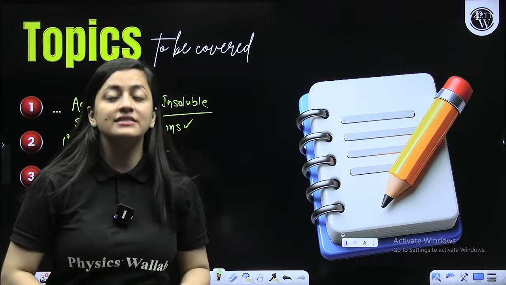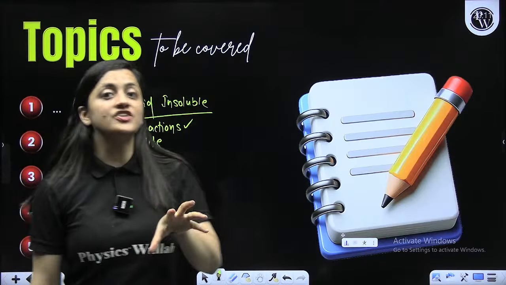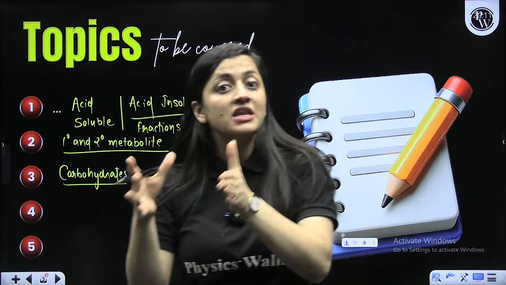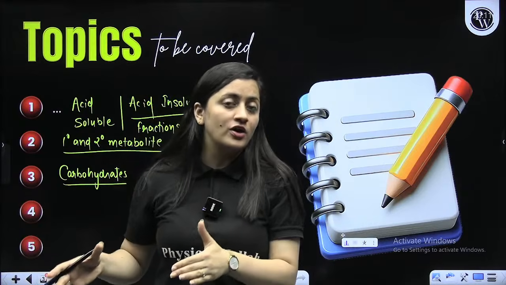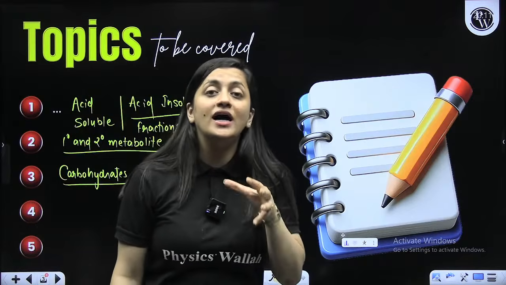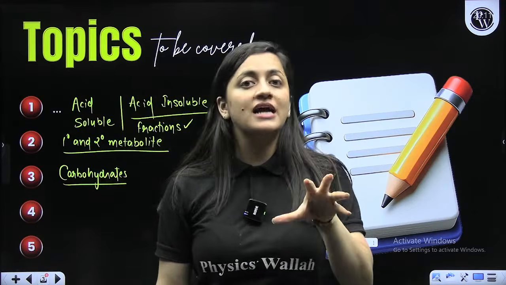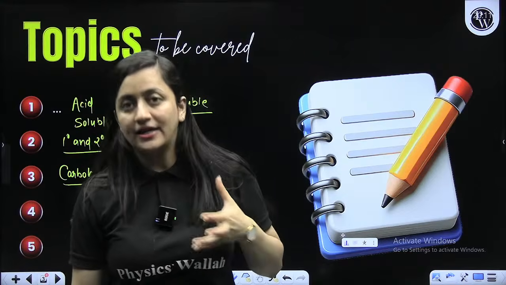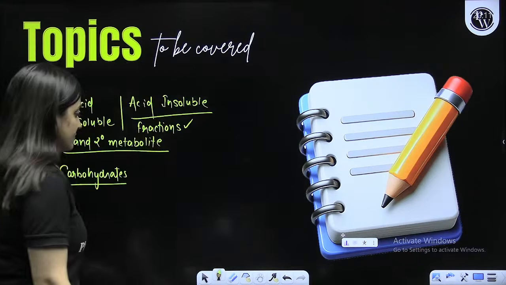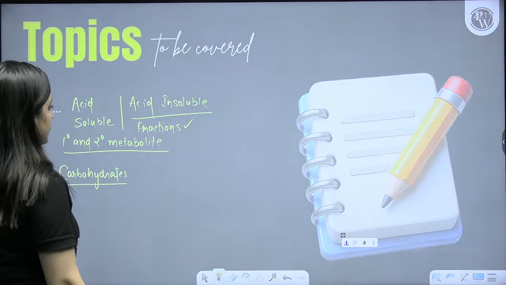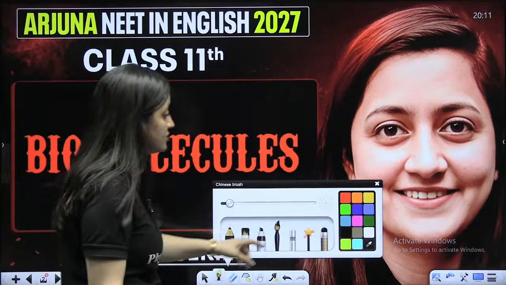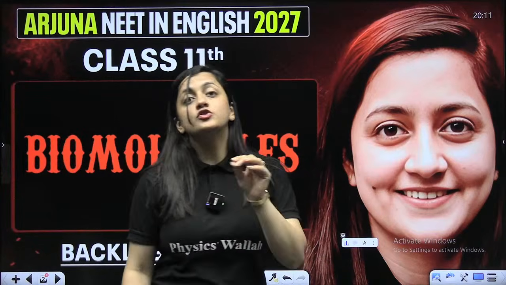Open your NCERT. In this particular chapter, biomolecules, in your class 11th NCERT biology, the things are not given in that detail, but we need to understand the basics if we really want to decode that NCERT. Let me tell you, this chapter is also there in class 12th chemistry.